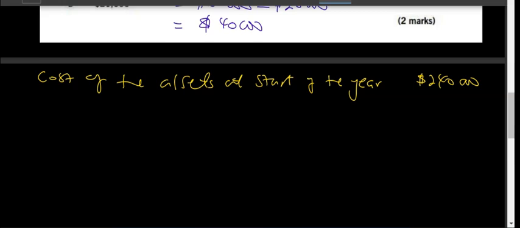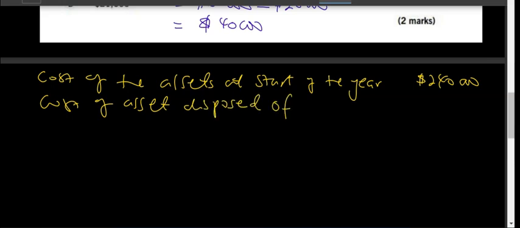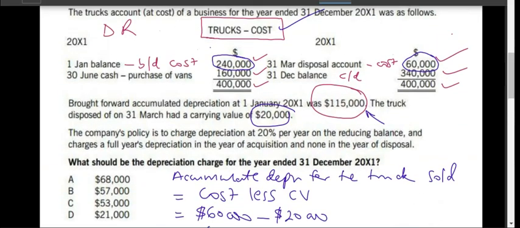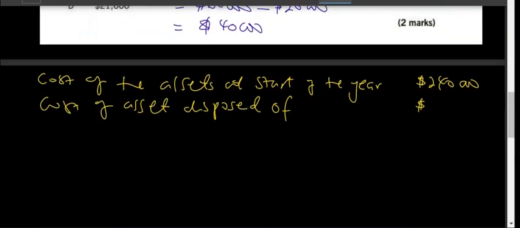Then the cost of the asset disposed was given in the question as a transfer to the disposal account on the 31st of March, that was 60,000, as you can see in the T account on the credit side.